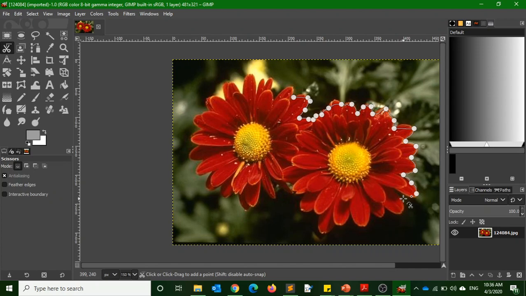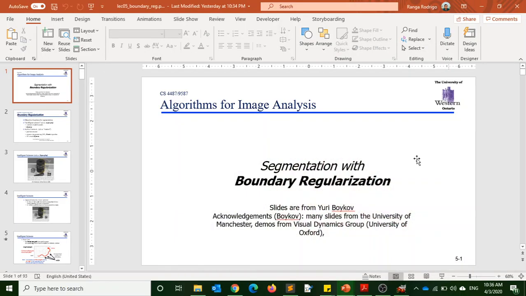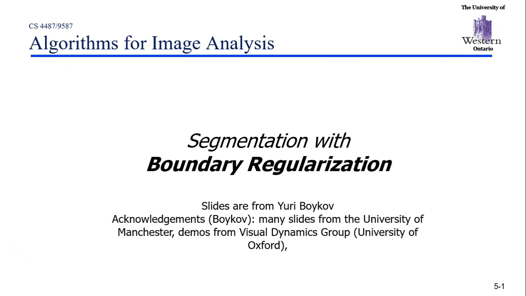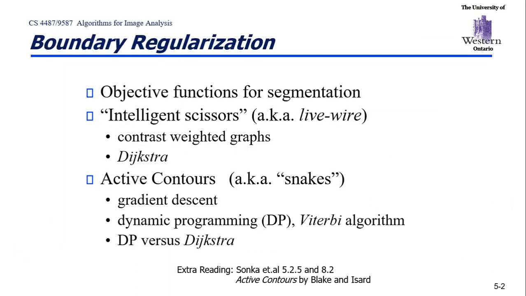That means if you consider the cost along the line, it must be less for image boundaries or the high contrast pixels, or the pixels at which the gradient is high. So this is what we are going to look into when we come up with this algorithm, and we'll understand how to implement that also.